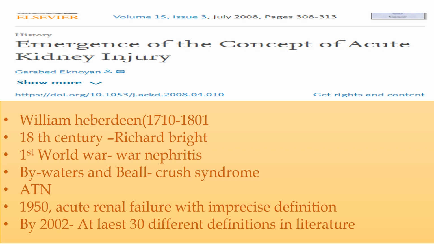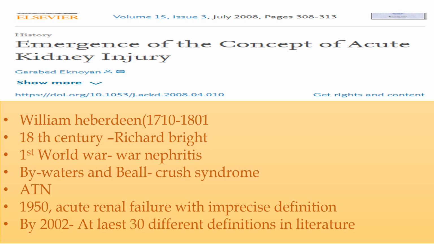The problem is that there was no precise biochemical definition of what acute renal failure was, and often people thought of acute renal failure as the most severe forms of renal dysfunction that required renal replacement therapy. The situation was so confused that by 2002, a review that was done found that there were actually over 30 different definitions in the literature of what acute renal failure was.